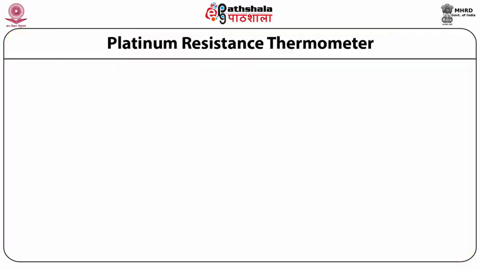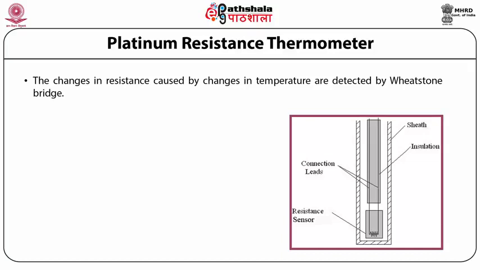Platinum resistance thermometer. This is another type of temperature transducer where the changes in resistance caused by the changes in temperature are detected by a Wheatstone bridge.